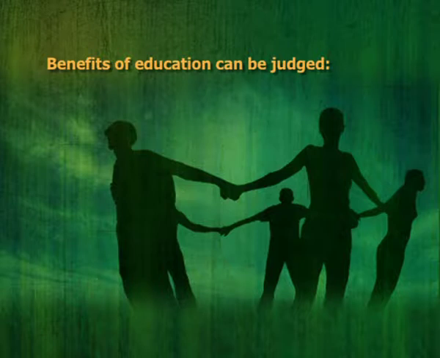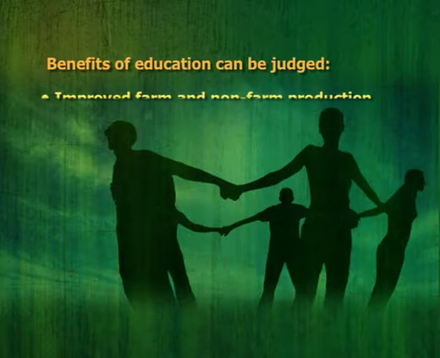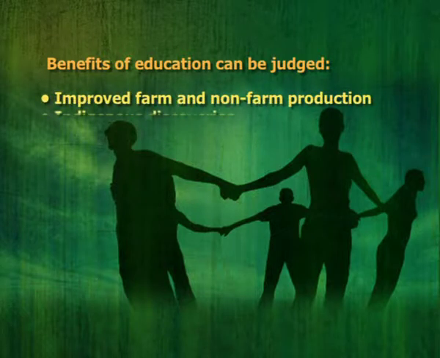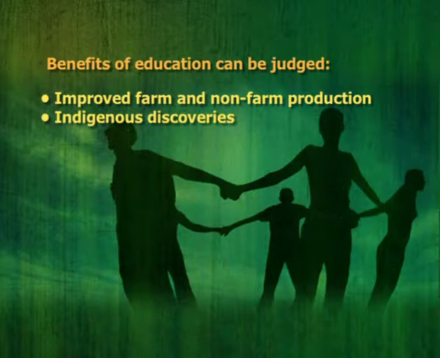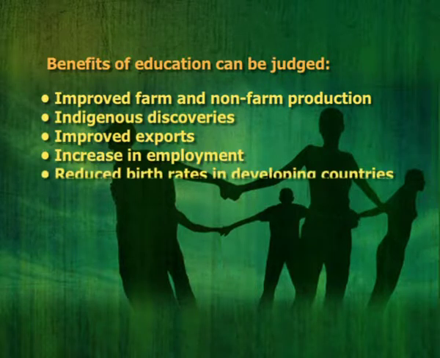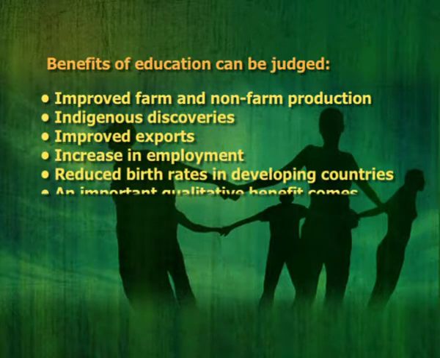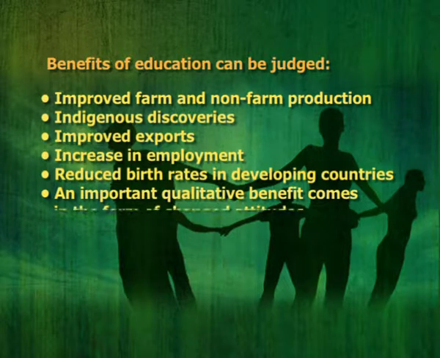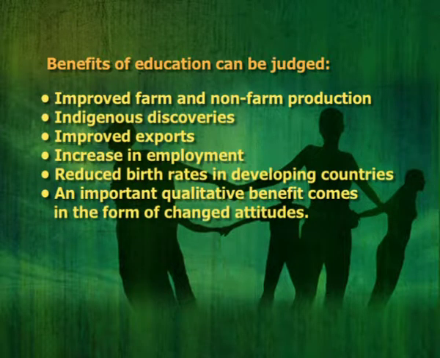The benefits of education can solely be judged from improved farm and non-farm production, indigenous discoveries, improved exports, increase in employment, reduced birth rates in developing countries, an important qualitative benefit that comes in the form of changed attitudes.